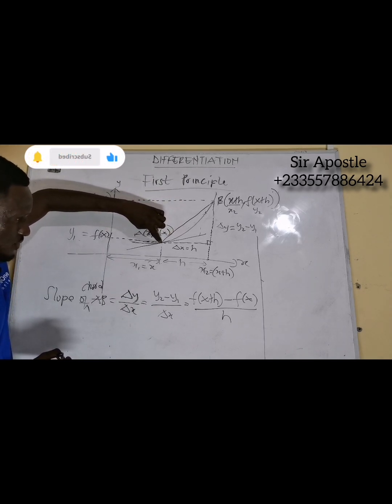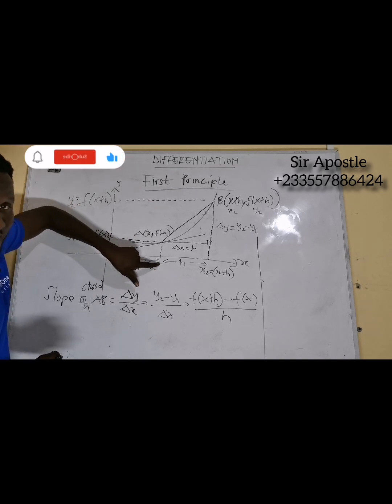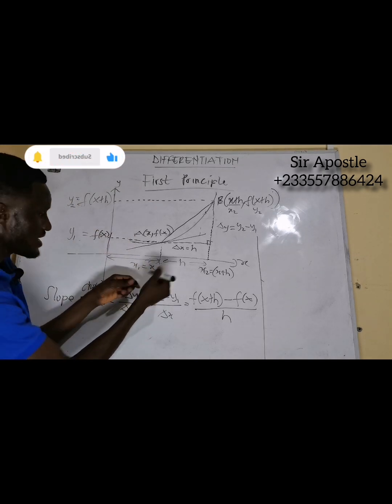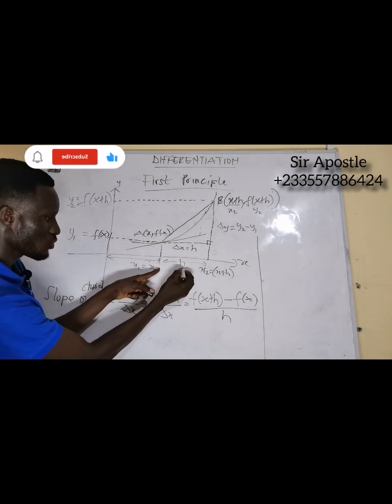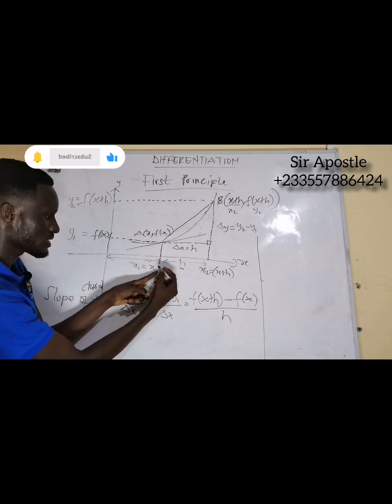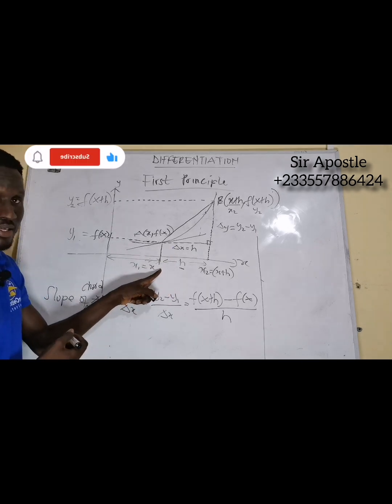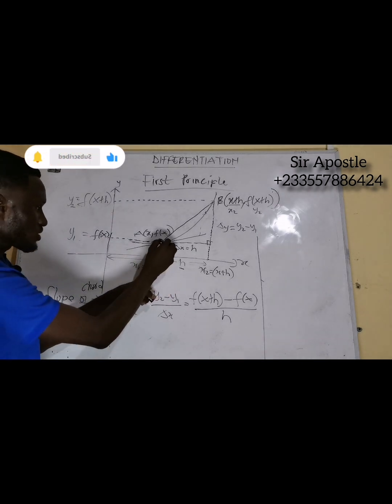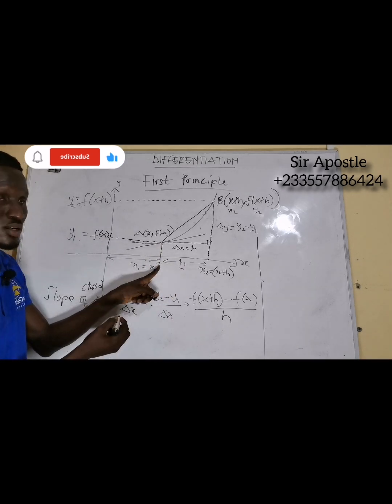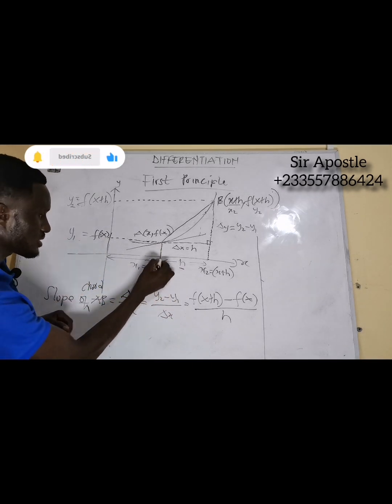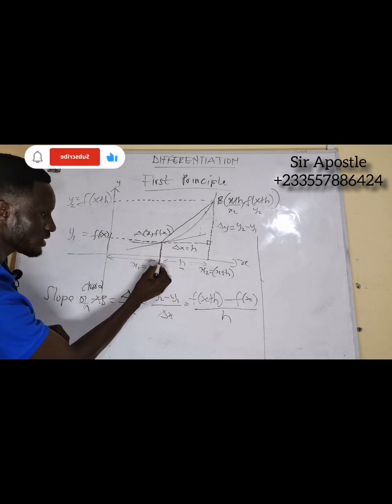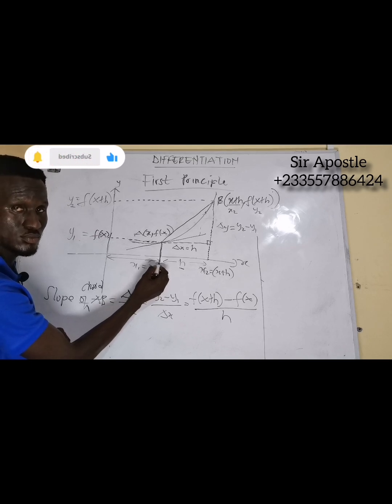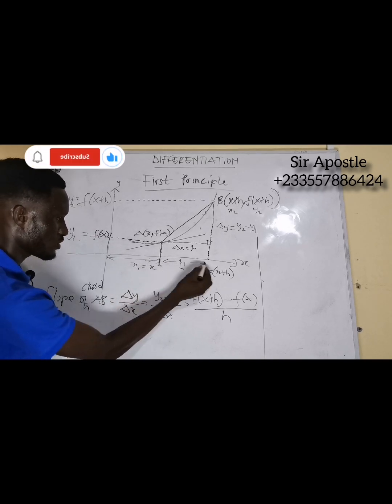at this point A, here is the same as x, right? Now if this place is x, what will be the h value? At this particular point, the h value will be exactly 0. That is, when the point is here, the h will be 0 because the h starts from here to here.